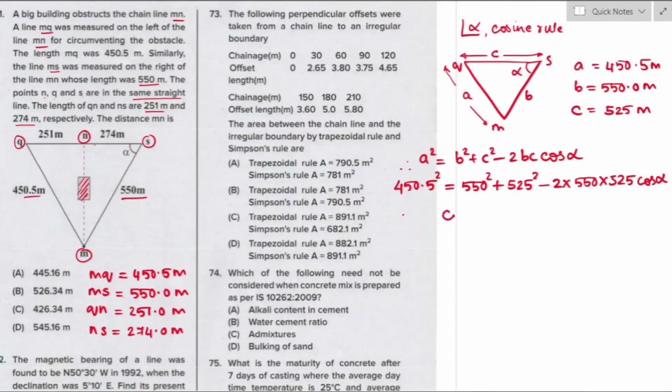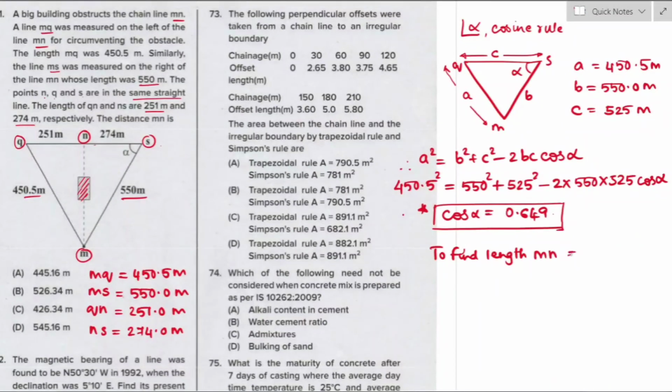On solving this, the value of cos alpha is equal to 0.649. To find the length of segment MN, considering the triangle MNS, similarly applying the cosine rule, angle alpha should be opposite to the distance we have to find.